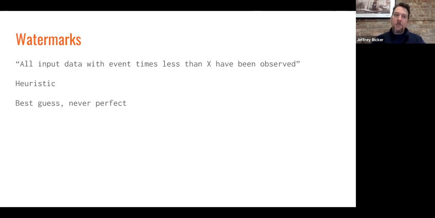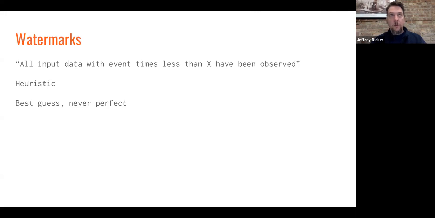So some of the streaming frameworks that we showed earlier provide watermarking for you, and some of them don't, and you have to implement it yourself.